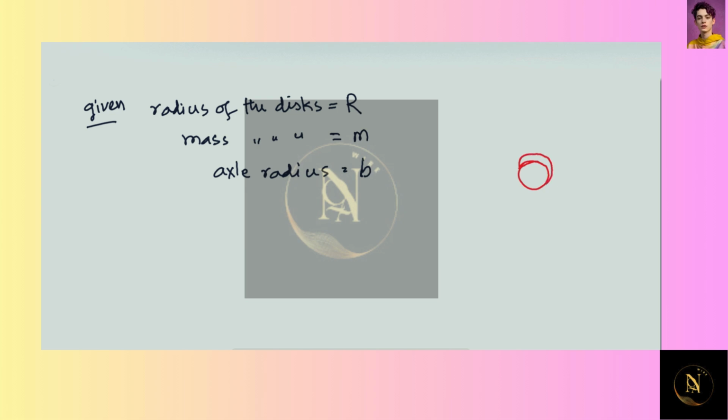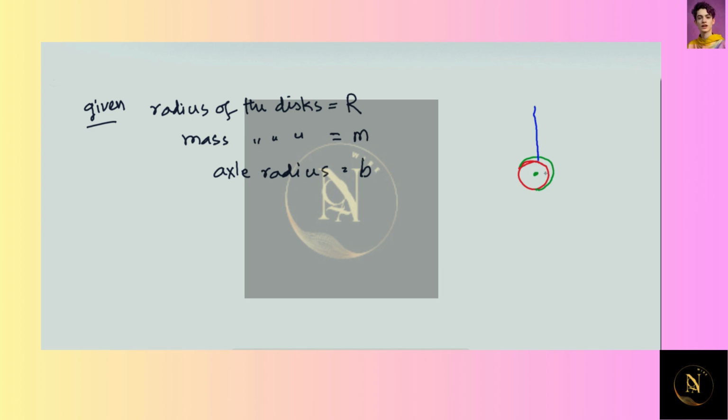Let's say that's the yo-yo, where this red one is the front disk and the green one is the disk at the back, and then we have an axle connecting these two disks. Now we have a string that goes to the axle, and it comes out from the yo-yo like that.